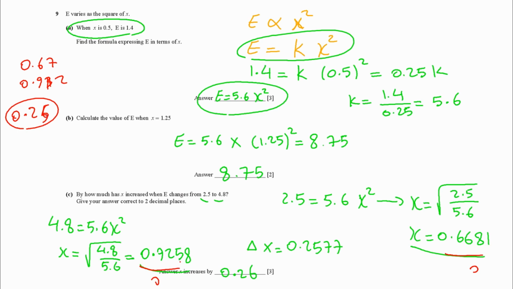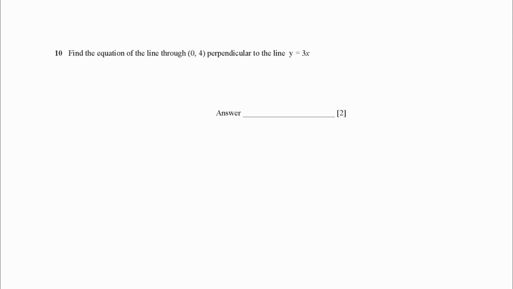So we go to the next question here, and this is: find the equation of a line through (0, 4) perpendicular to the line y equals 3x. First of all, perpendicular to y equals 3x.